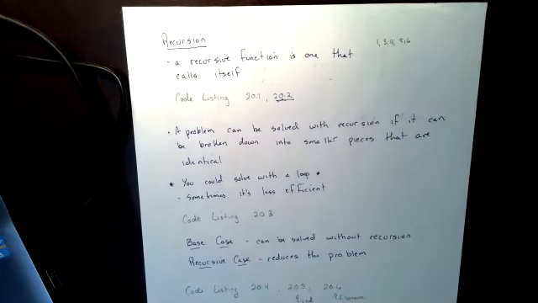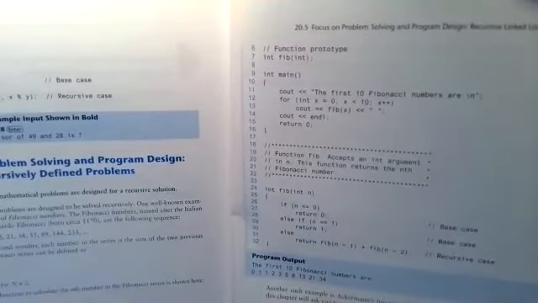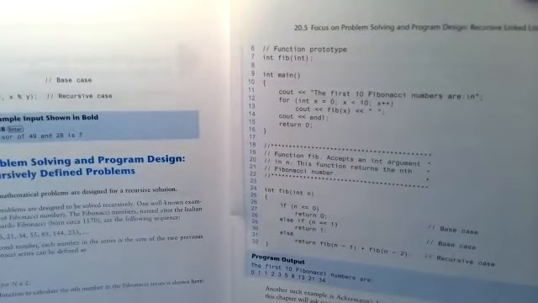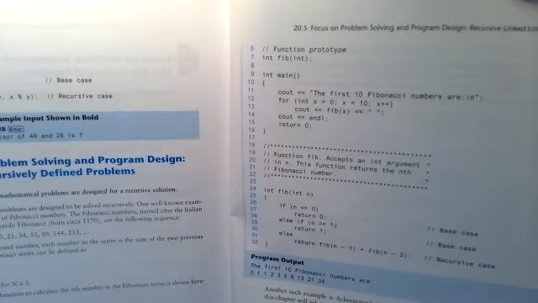All right. The next code listing was 20-6. And this one was working with the Fibonacci sequence. And again, we talked about the Fibonacci sequence. It looks like this one starts at 0 and 1, and so on and so on.